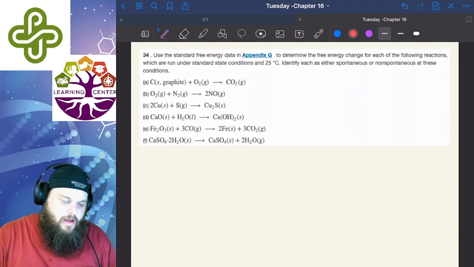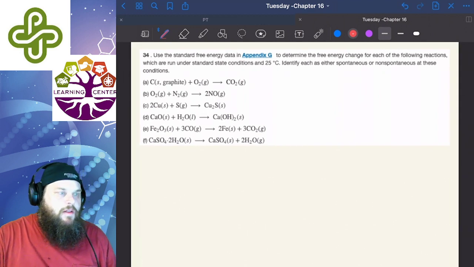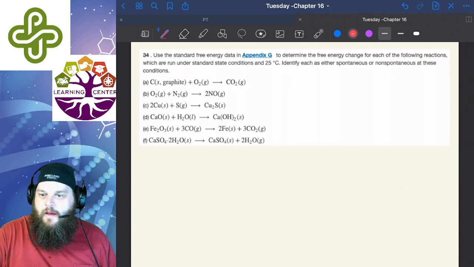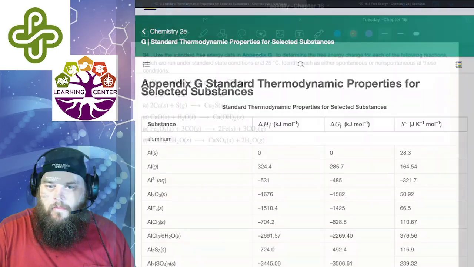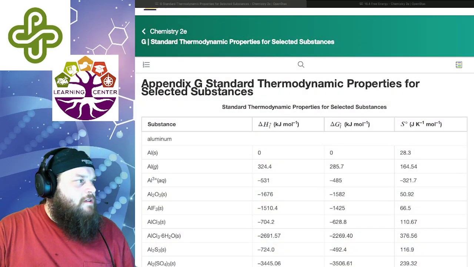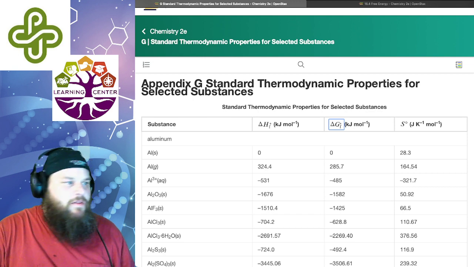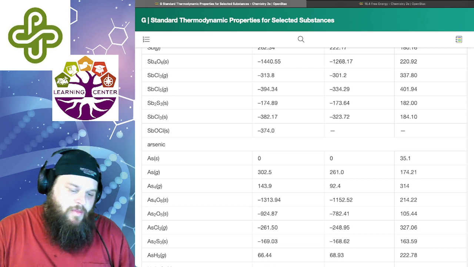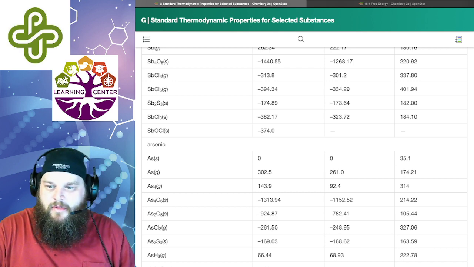So let's go on to number 34. In this one, we're going to use the standard free energy in appendix G. That's that same appendix I showed you, but now we're looking at the middle column. Hop back over there. So again, appendix G, and we're looking at this delta G, the standard free energy of formation.